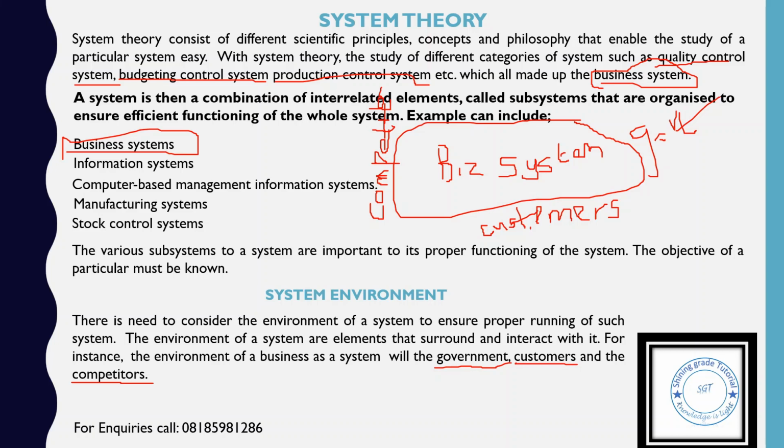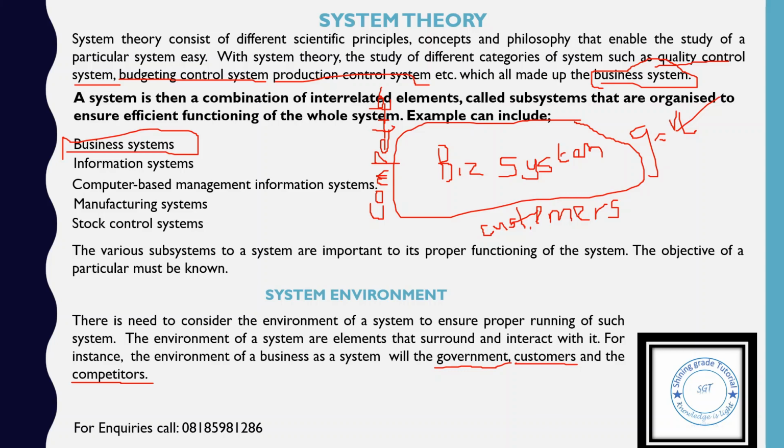So this boundary here actually acts as a link. And one thing about most systems is that they must be adaptive to their environment; they must be able to adapt and change in response to the environment. All right.